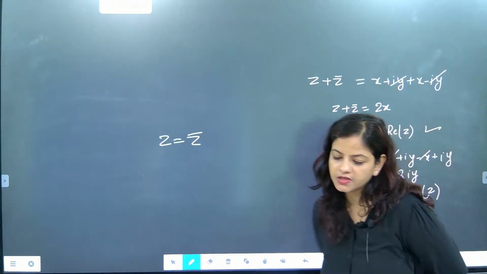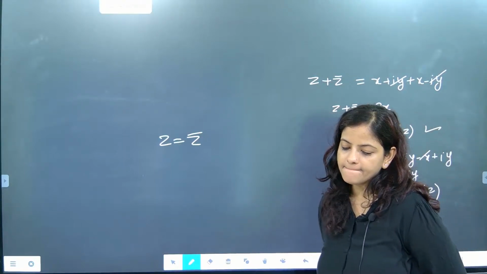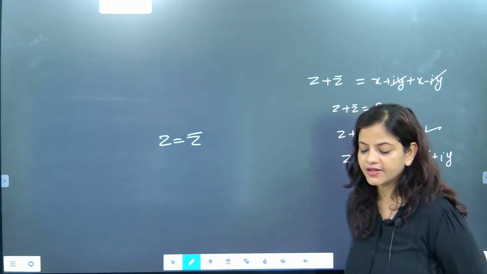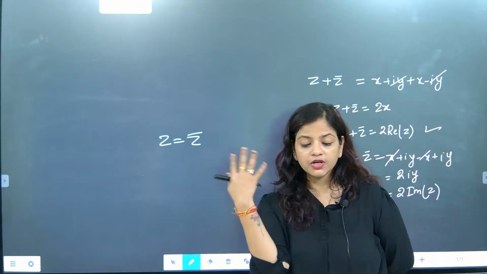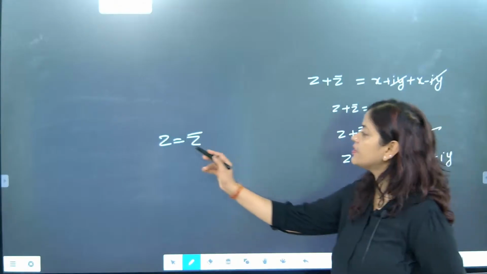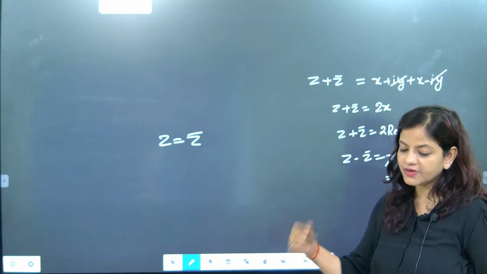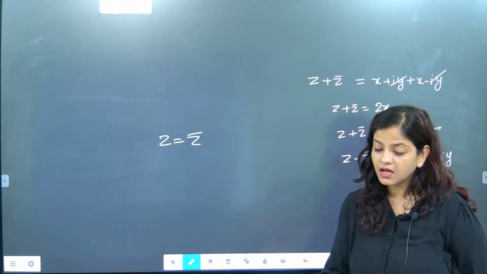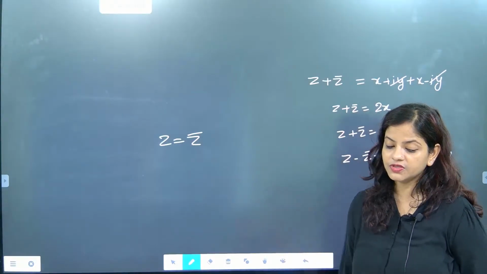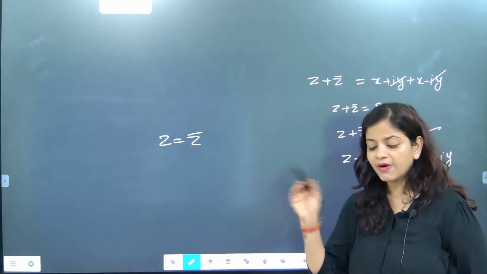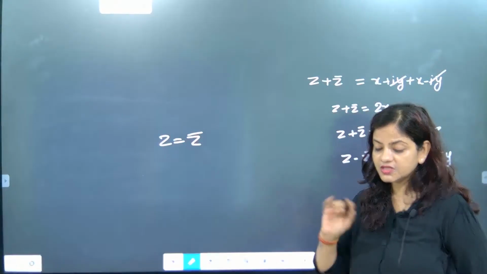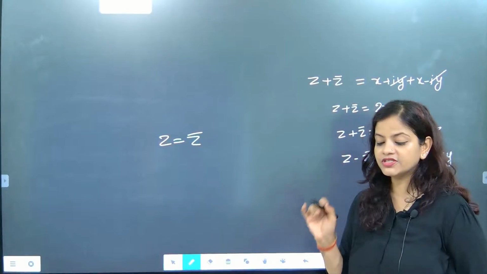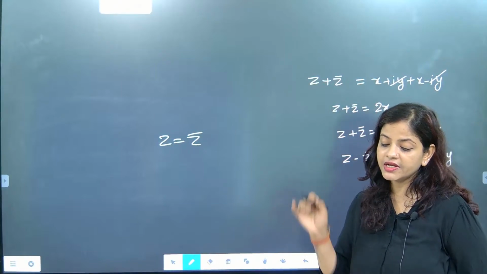Rudra, one case we can take like that, but what overall conclusion are you going to draw, beta? Because z is equal to z bar means something must be there. If it is purely real, then only z is equal to z bar, because only the imaginary part is changing in the conjugate.